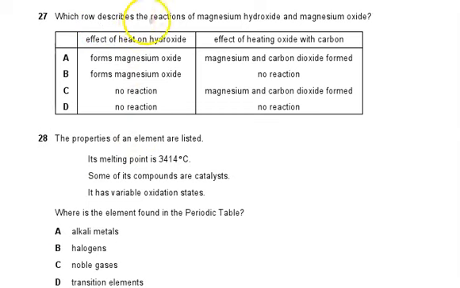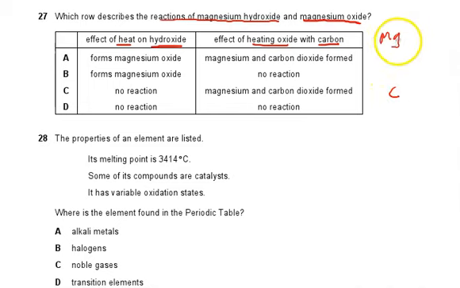Okay, number 27. Which row describes the reaction of magnesium hydroxide and also magnesium oxide? Effect of heat on a hydroxide and effect of heating oxide with carbon. If you notice here, heating the oxide, magnesium is much more reactive compared to carbon.